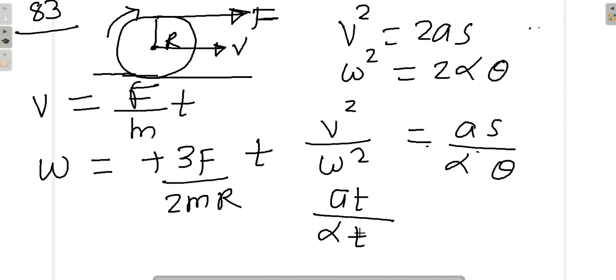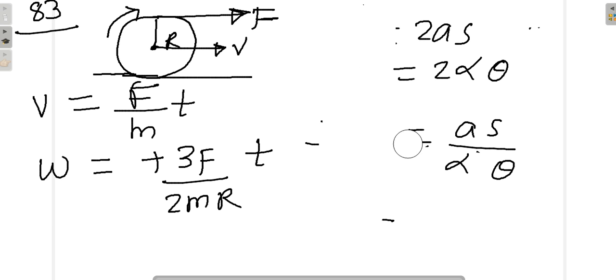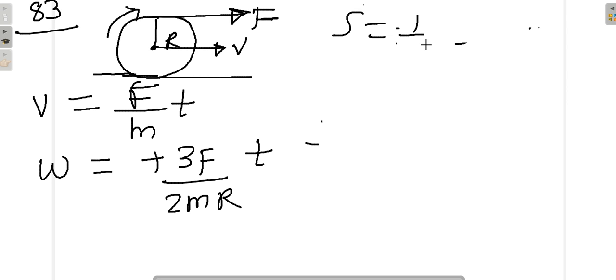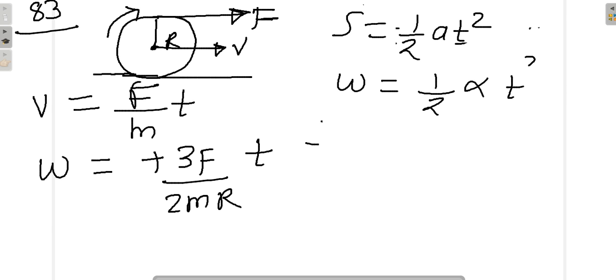That is another approach. There is one more approach which you can use, and that will be, I think, the simplest. That is to use Newton's second equation of motion. S is equal to ut plus half at square, and theta is equal to omega naught t plus half alpha t square.